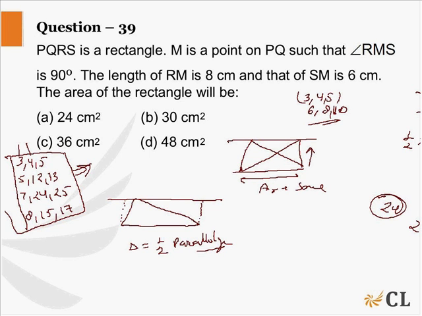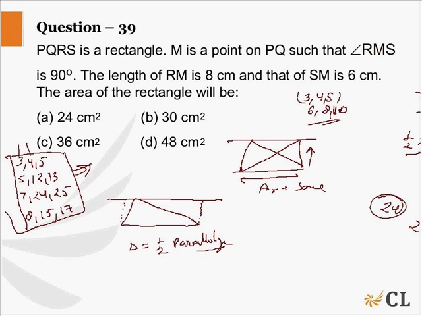Now, the area of this triangle NSR can be calculated in two ways. If we assume the base of the triangle as SR and the height is h, the area is half into 10 into h, right? And again, this angle M is 90 degrees, so you can assume MR as the base and MS as the height.